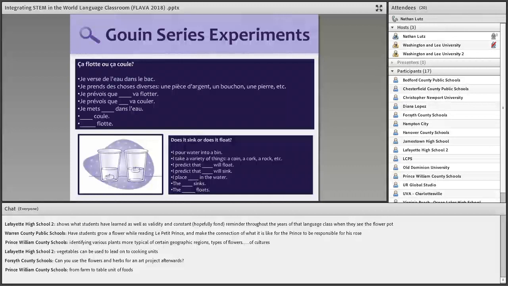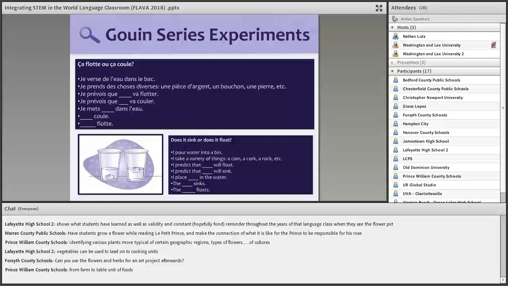Je prends des choses diverses, une pièce d'argent, un bouchon, une pierre, etc. I take various things, such as a piece of money, a cork, a stone, etc. Je prévois que ça va flotter. Je prévois que ça va couler. So here I'm making my predictions. I think that this item is going to float. I think that this item is going to sink.